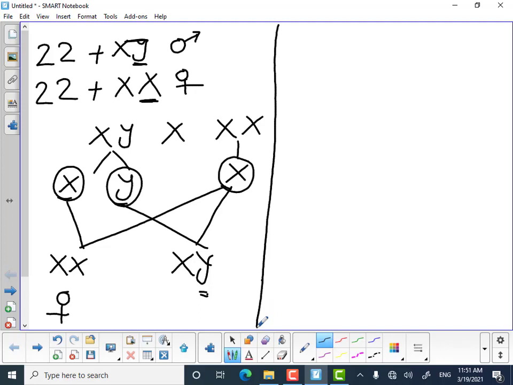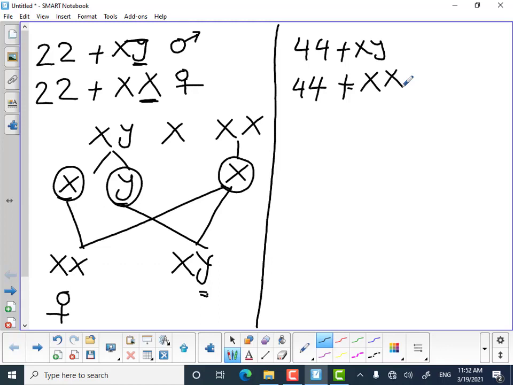If we make this example with all the chromosomes of the human, the male has 44 chromosomes plus XY, and the female has 44 chromosomes plus XX. Wonderful.